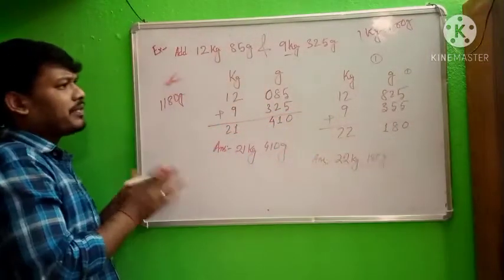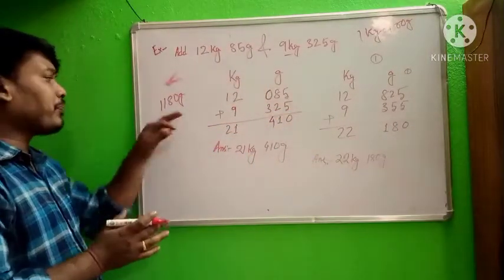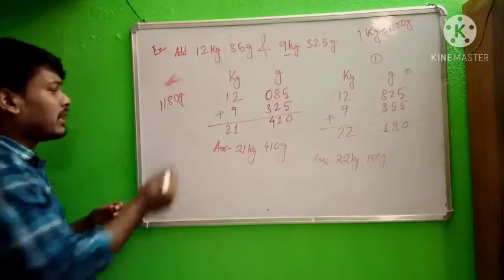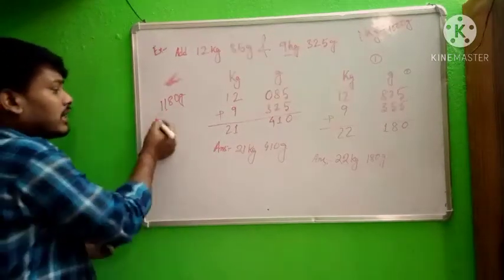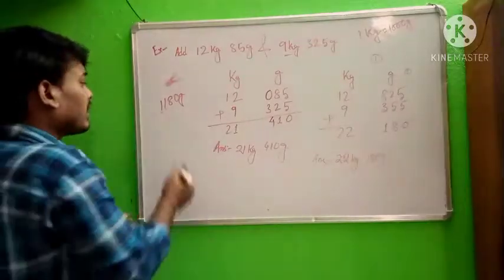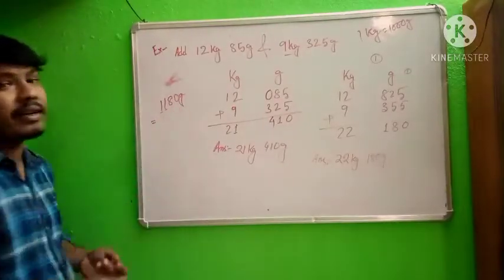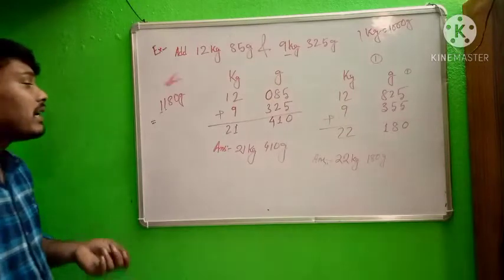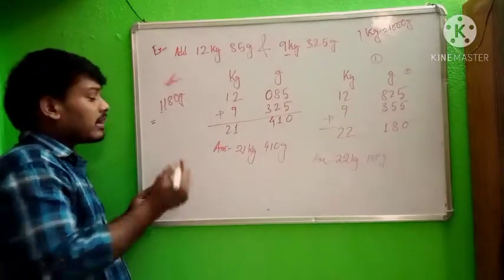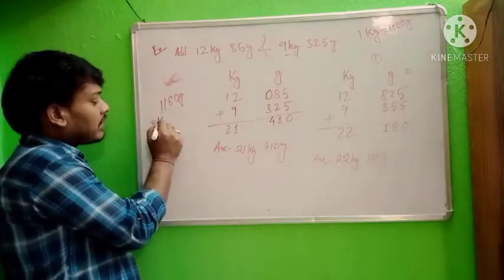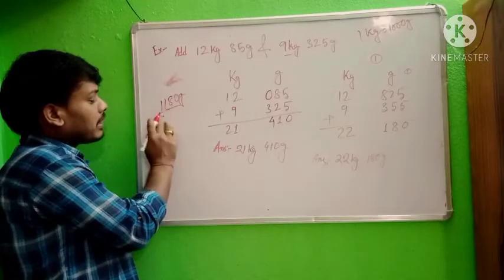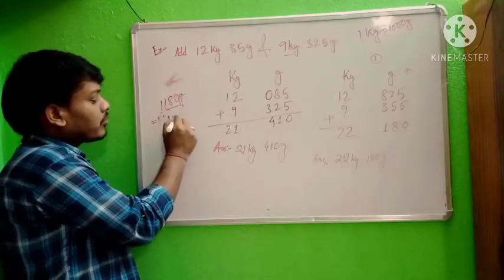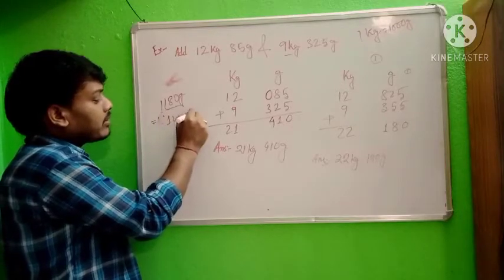So if the value is more than 1000, it can be converted into kilogram and gram. If we convert, the last three digits are gram and the other digit is kilogram, so 1 kg 180 gram.